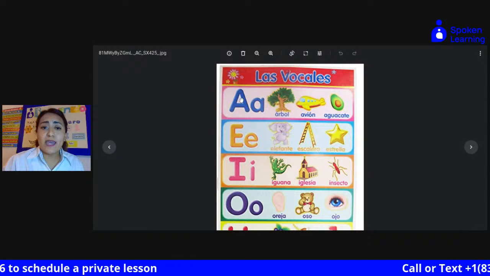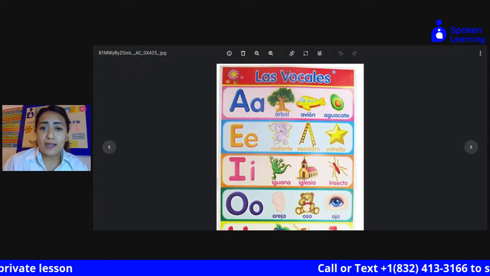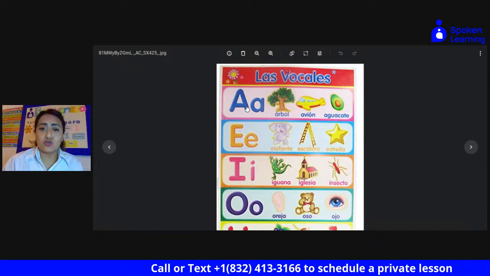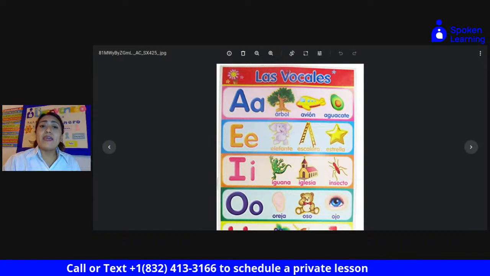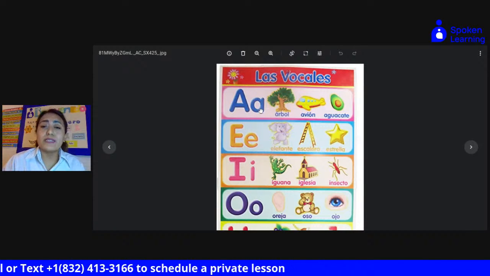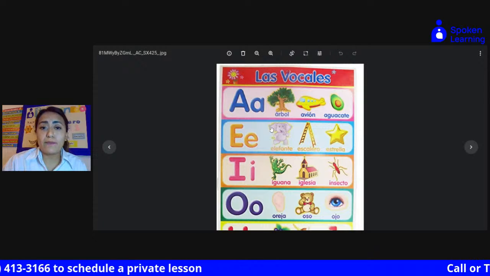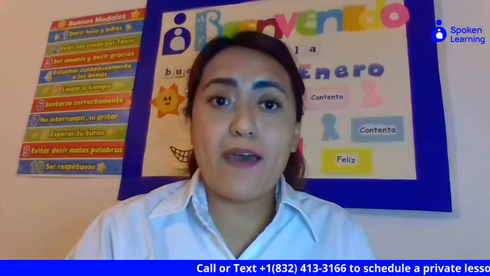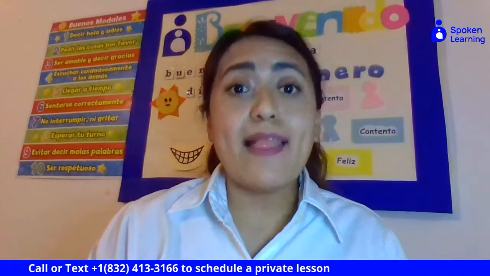The capital we say mayúscula. Okay, so we are saying A mayúscula. And the small one, we say minúscula. A minúscula. So it means that we have letra mayúscula and letras minúsculas.